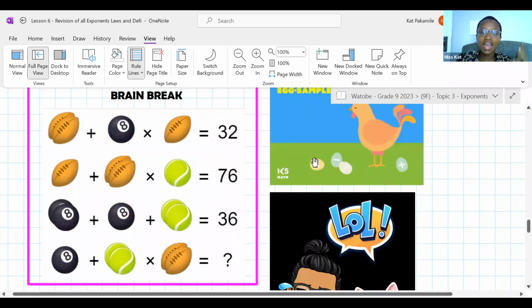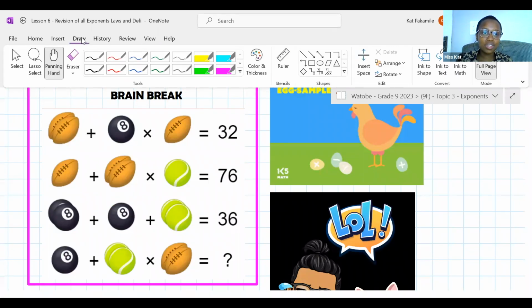Lame but funny. Here is our brain break. Whoever gets it first, give us a shout out in the chat and tell us how you did it. I don't know if you're laughing at the joke or at my English, but it's fine.